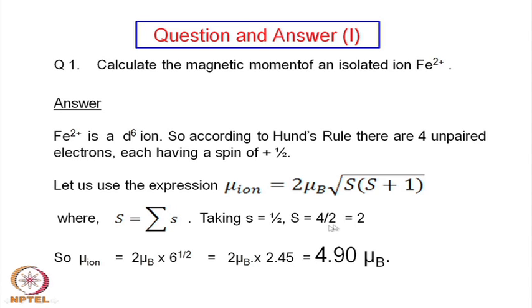So, 4.9 Bohr magneton is the answer for this particular question, that is, calculate the magnetic moment of an isolated ion of Fe2+. You can find that this has been listed in one of the tables earlier, but I am just showing you how it has been calculated.